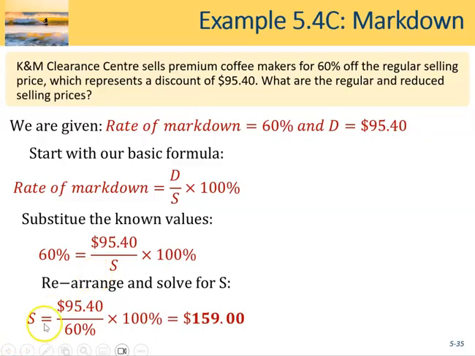So then what you're left with is S by itself and 95.40 divided by 60%. Multiply that by your 100%, and then that gives us the selling price of $159 as the original selling price.